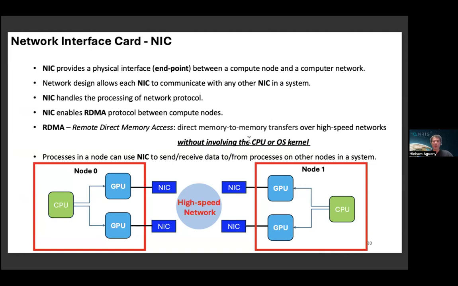To understand it better, let's look at this scenario, where we have two compute nodes, each consisting of two GPUs. Each GPU is attached to a network interface card. So the idea here is that when a local process starts to send data from node 0 to node 1, it uses the network interface card, and via the high-speed network, it goes through the network card of the other compute node.